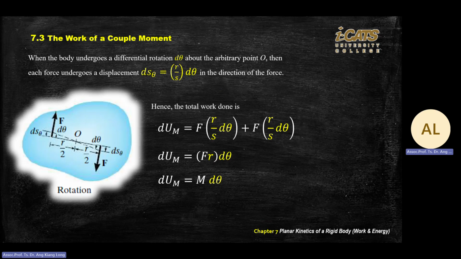Maybe something new or just a recap from the previous chapter: moment also does work. Previously, we focused on force creating work. Force, if it goes parallel with the displacement, does work. But if you have a moment, the moment multiplied by the change of angle also does work.